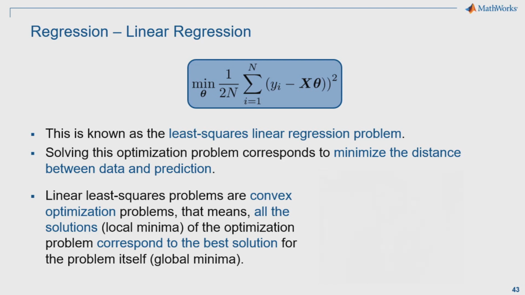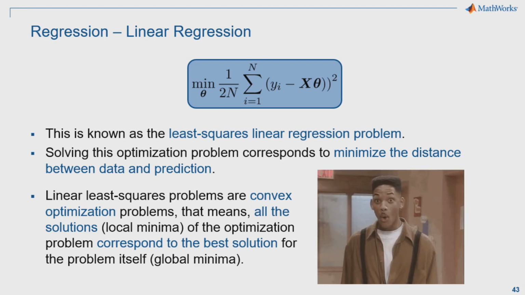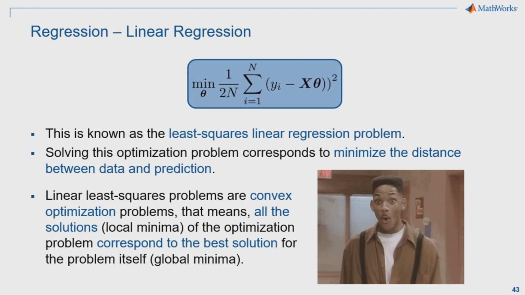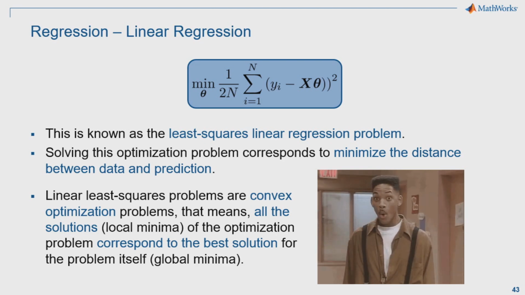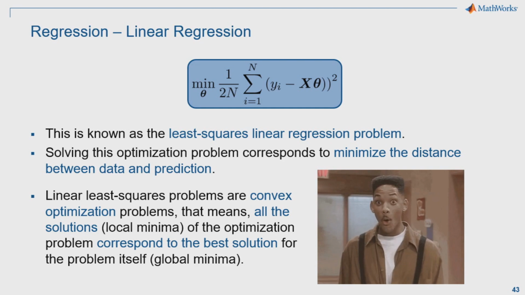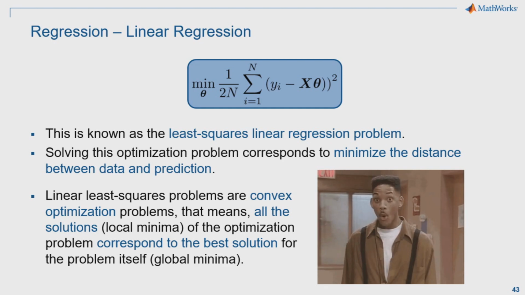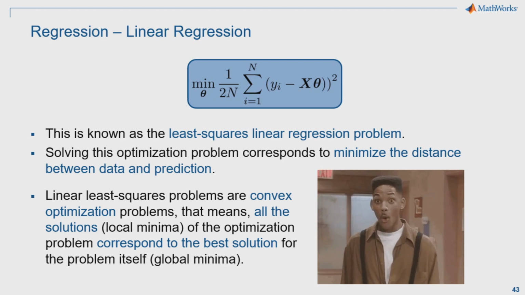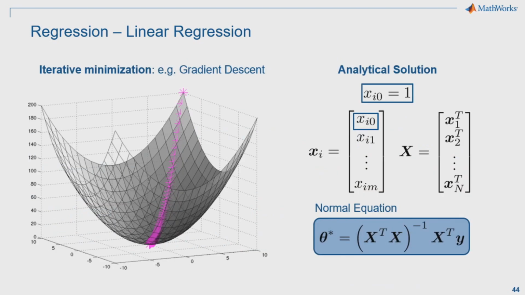And this is really nice, as you can understand, because you have the guarantee that you'll be able to find the best solution once you set the problem in this way.